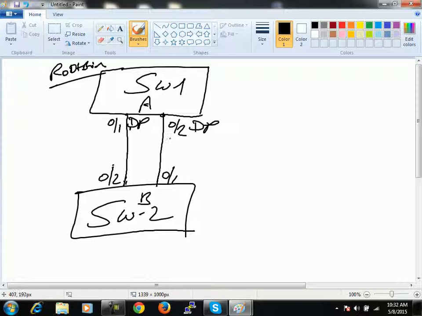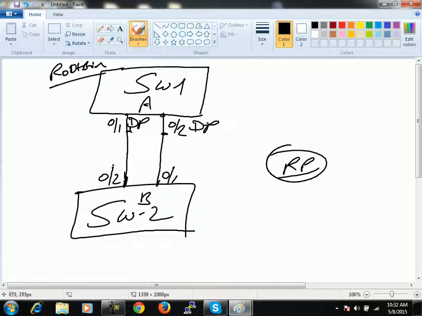Never ever. Under non-DP, as I said, there will be RP and alternate ports, blocking ports. So here on switch 2, one of them will be RP and the other will be an alternate port in blocking state. So first of all, we have to elect RP.